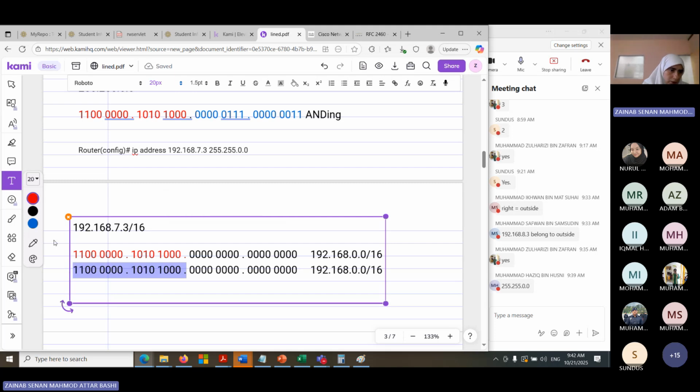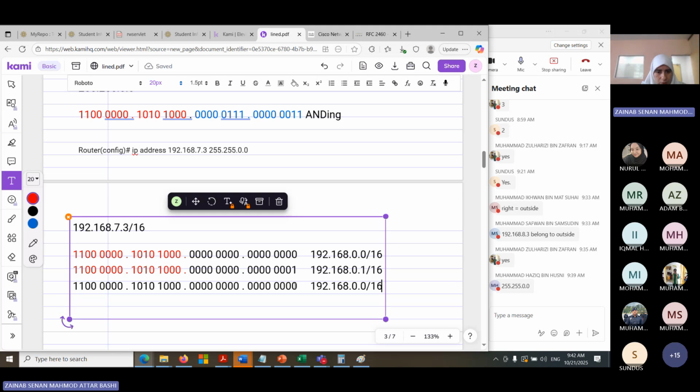We don't change the red part. We just change this part. So I start from the one to the right, make it 1, which makes the decimal 1. Okay, next one, the next device, the next IP address. When I change this one to 1, this one becomes 2.